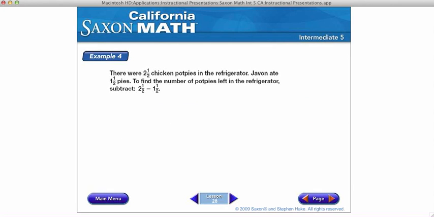There were 2½ chicken pot pies in the refrigerator. Javon ate 1½ pies. To find the number of pot pies left in the refrigerator, subtract. So we have 2½ pies minus the 1½ pies that he ate. So we can say 1/2 minus 1/2 is 0.